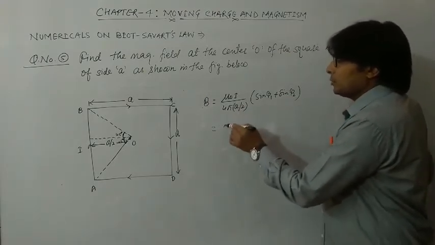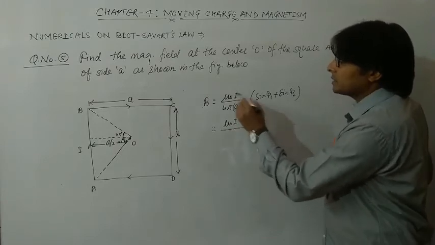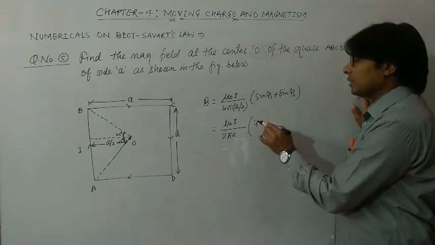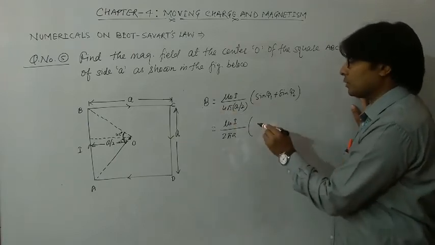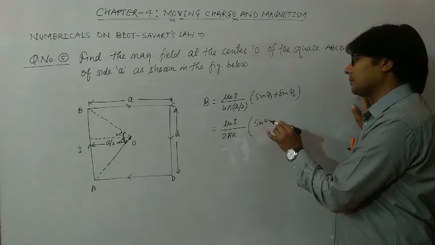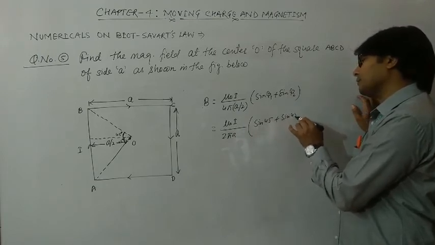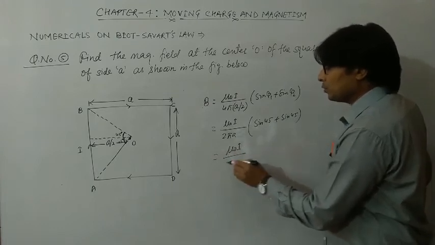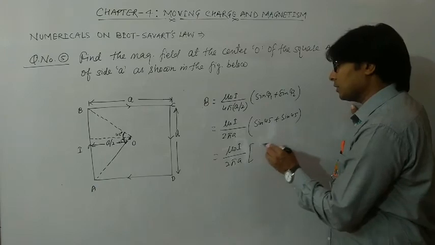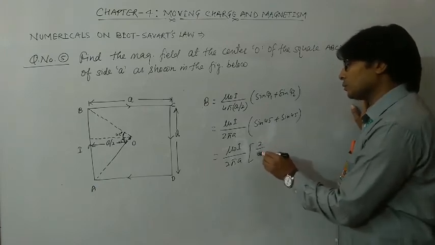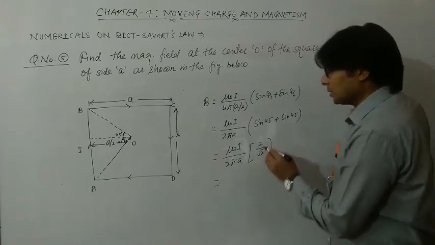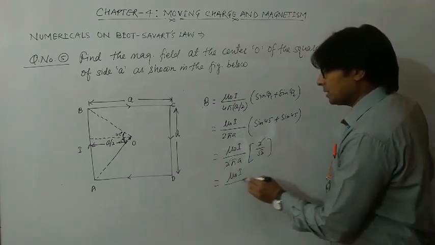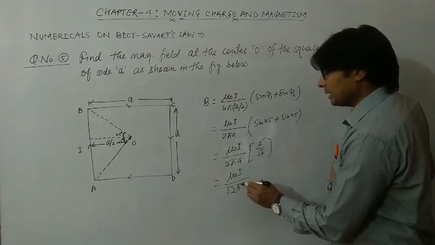So mu 0 I upon, this will become 2 pi A, and sine phi 1, that is sine 45, because phi 1 and phi 2 both are 45 degree, sine 45 plus sine 45, and sine 45 is 1 upon root 2. So mu 0 I upon 2 pi A, and 1 upon root 2 plus 1 upon root 2 means 2 upon root 2, and the 2 will cancel out with this 2, so it becomes mu 0 I upon root 2 pi A.